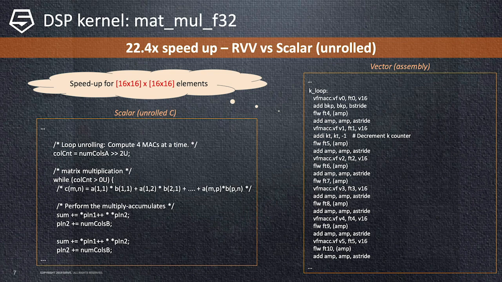Using that same library, 32-bit floating point workloads in this particular point, and doing matrix multiply on a 256 element, so 16 by 16 arrays multiplied together, we see better than 22x performance scaling between the vector extensions and the associated scalar performance. And you can see, you don't need to read it today, but basically you've got the scalar C code on the left and the vectorized assembly on the right.